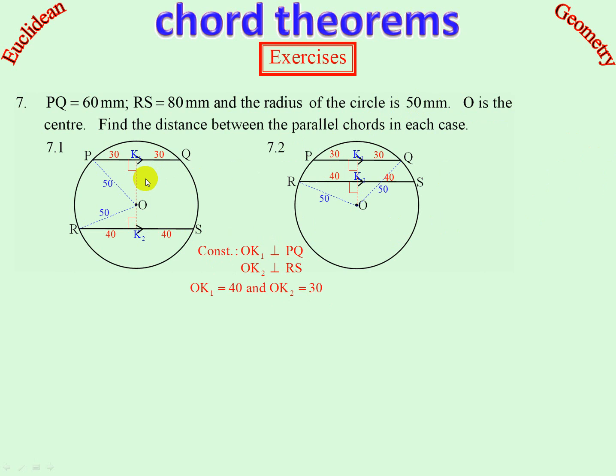OK1 is 40. OK2 is 30. Same here. OK1 is 40 and OK2 is 30. Just by 3, 4, 5 triangles again. So K1, K2, that one is 70. And K1, K2 there is 10 millimeters.